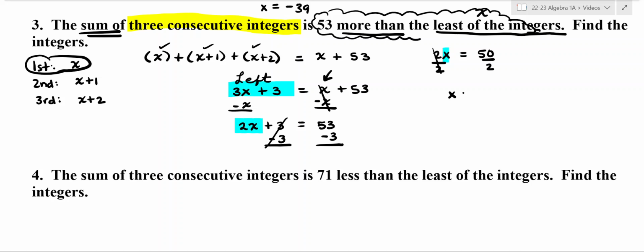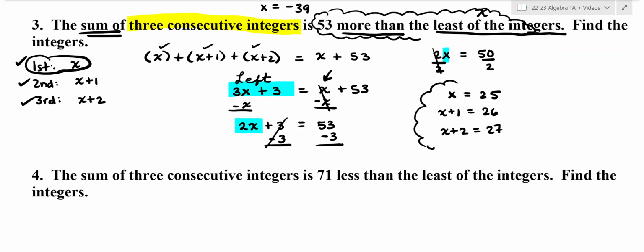And we get that x equals 25. Okay, so that's the first number. We have to find the second number and the third number. So x plus 1 is going to be 26, and x plus 2 is going to be 27. And these are the three consecutive integers whose sum is 53 more than the smallest number.